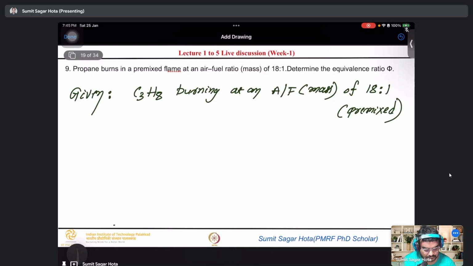The propane burns in a pre-mixed flame at an air-fuel ratio by mass 18:1. Determine the equivalence ratio phi. We need to find out what the phi is.